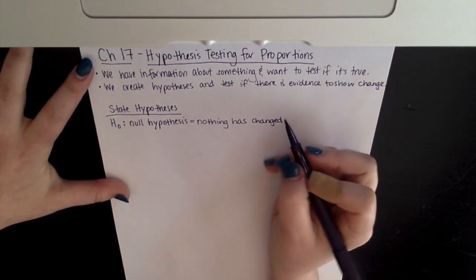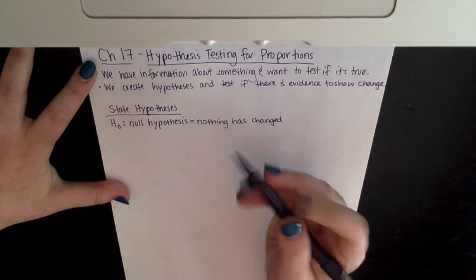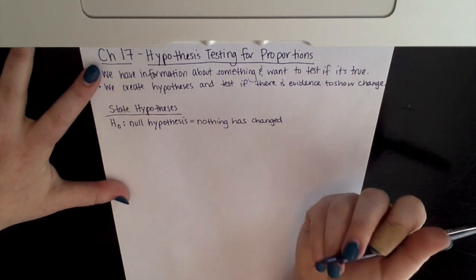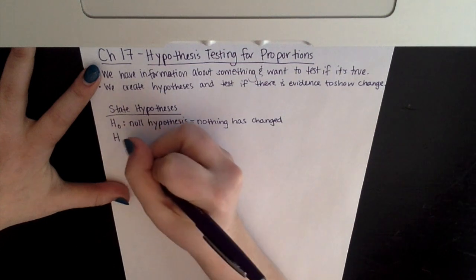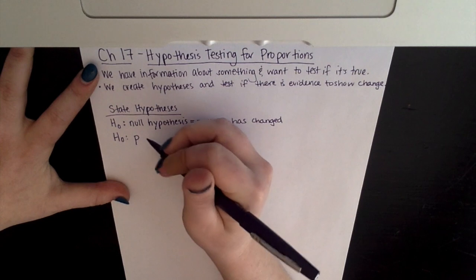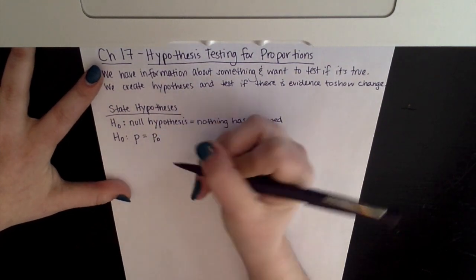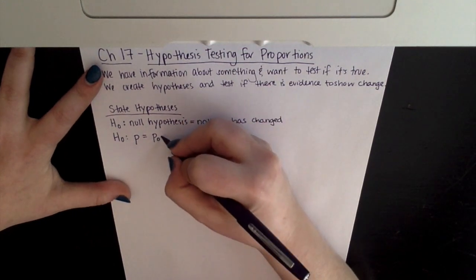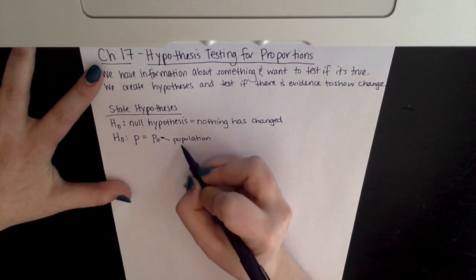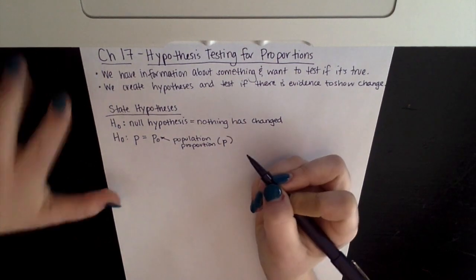The null hypothesis in a test on proportions always relates back to the population proportion. So it looks like this: H naught colon, P, the population proportion, is equal to, and this may throw you off, P sub 0. We literally put in the population proportion, whatever we know about the population value.